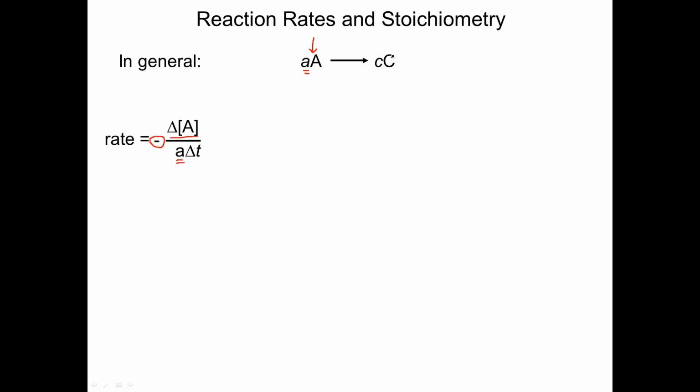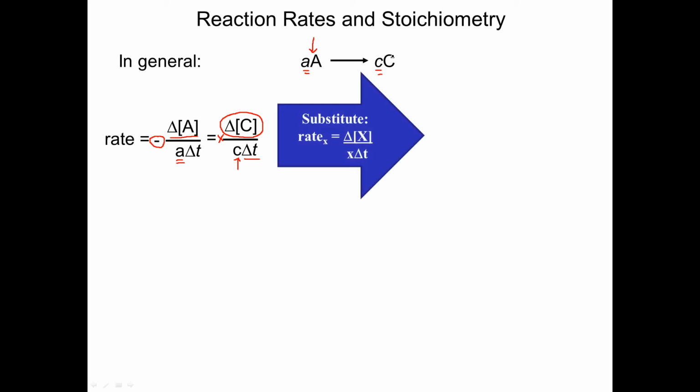Now, if we were to do this for C, we would still have our change in concentration of our product divided by change in time, and we still include our coefficient, but we do not include a negative sign because products in the rate expression don't get negative signs. So, let's do a little bit of substitution. If we look at a change in concentration over a change in time, well, that's just a rate.